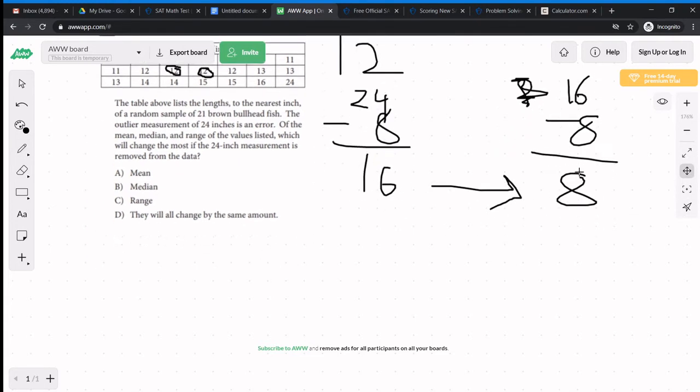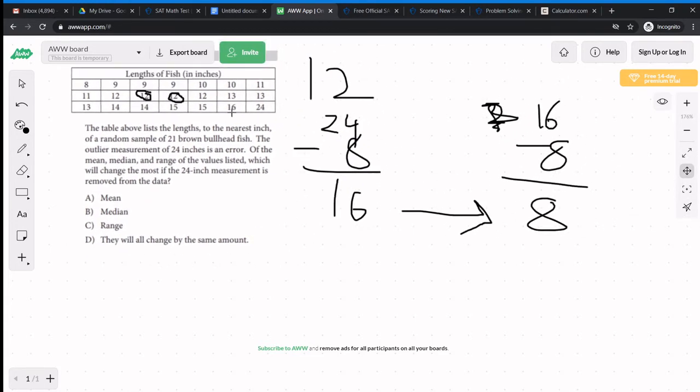And if you're trying to save time, you can kind of just tell that the mean won't change by a whole 8 points. It's just too many numbers for 24 to change it by a whole 8 points.